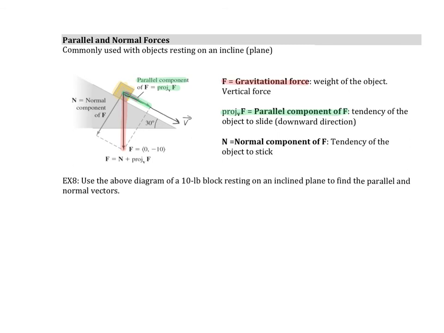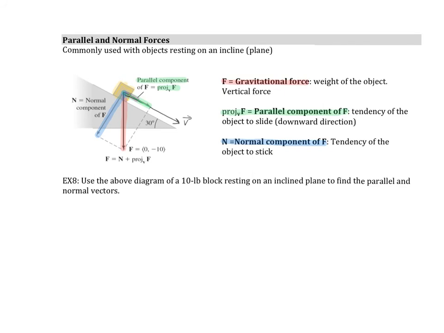However, this object also has another vector acting upon it. It has another force, and that would be the tendency for the object to want to stick to the inclined plane. That would be the normal component of my force vector.